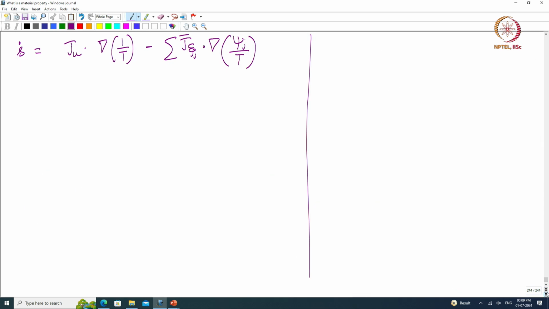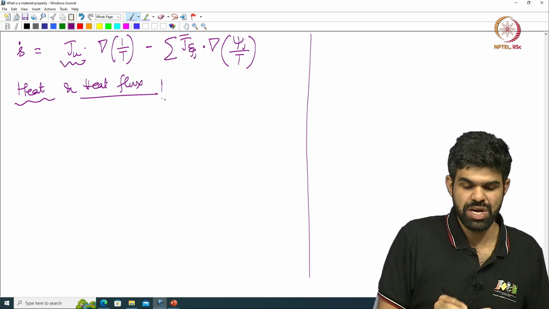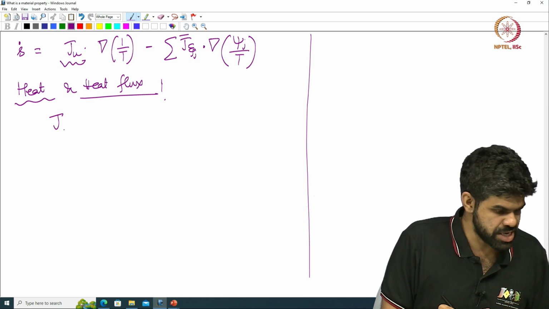All right. Now we can have some more simplification here. Eventually I want to see this in terms of heat and heat flux. I do not understand what the flux of internal energy is, but I understand what heat flux is, right. So I want to convert J u to J q.